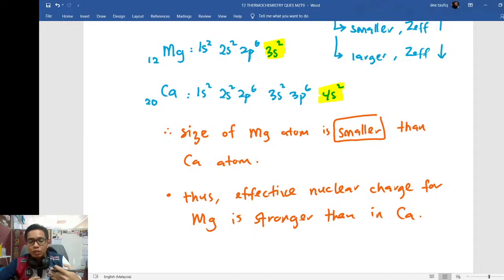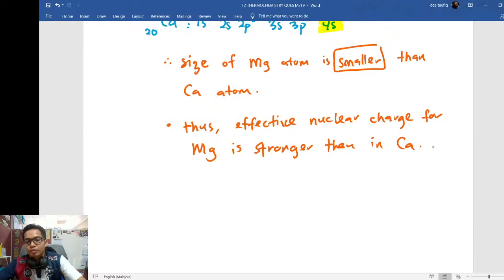If you want to put in detail, you can say because calcium has more shielding effect. I feel it is not necessary, but I put it just in case.